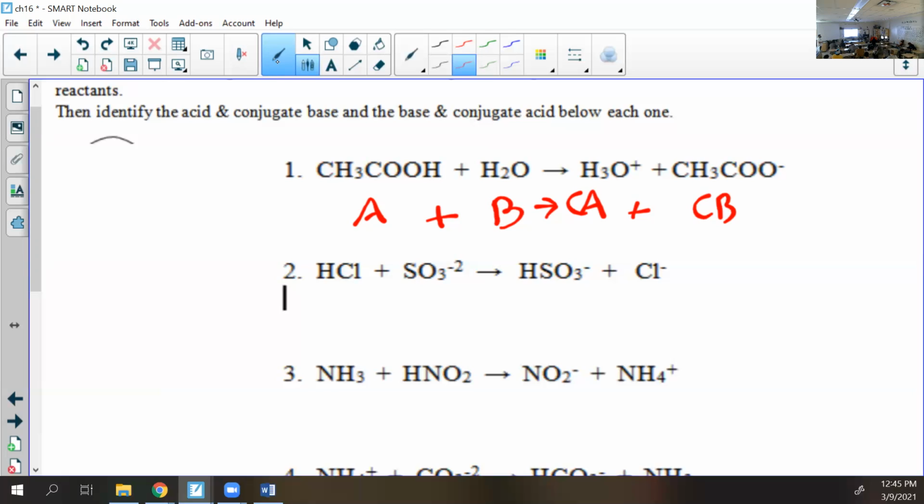Can you explain why the first one is not a base since it has an OH and water? Let me rewrite this. It is HC2H3O2. It's called acetic acid. Yep, this is vinegar. This is called its structural formula.